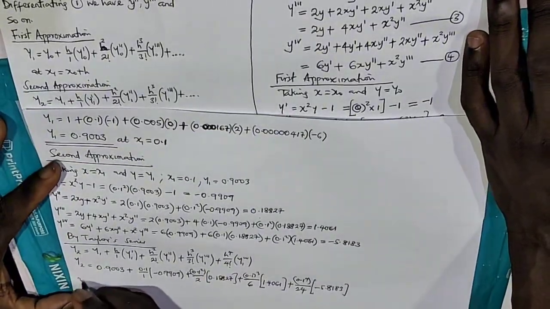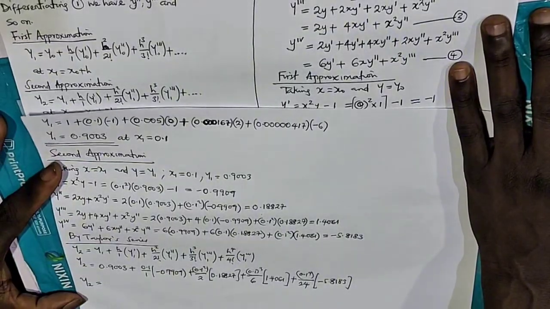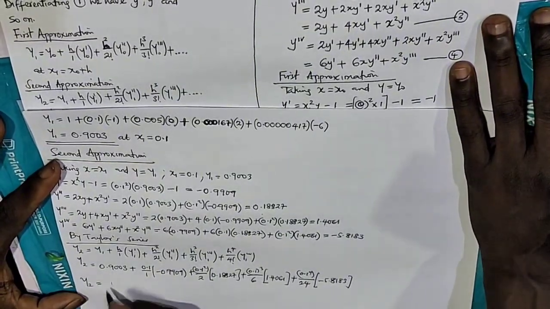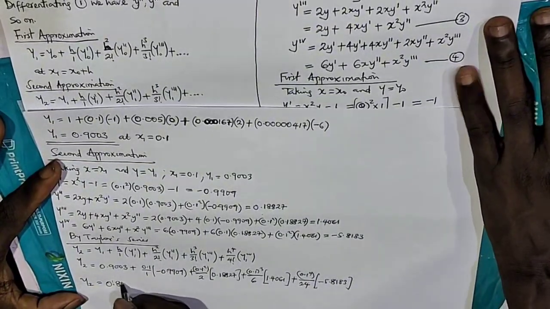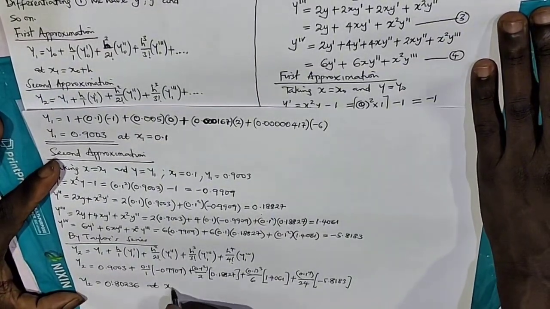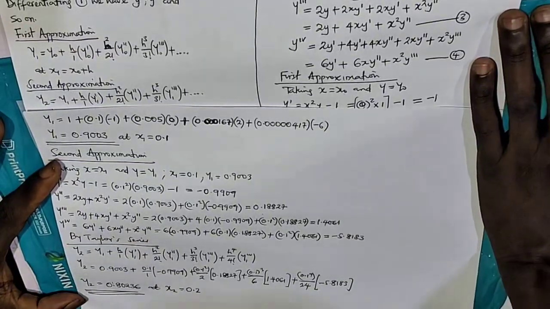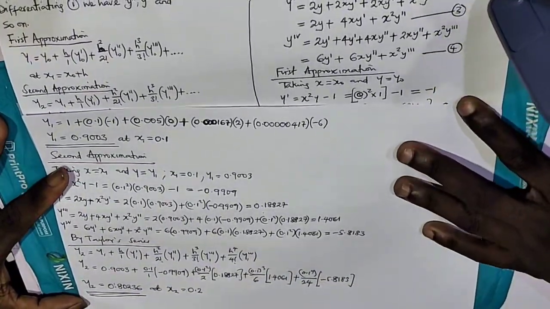If you input all of this in your calculator, you should get 0.8036 at x2 equal to 0.2. So this is the value of our y2.